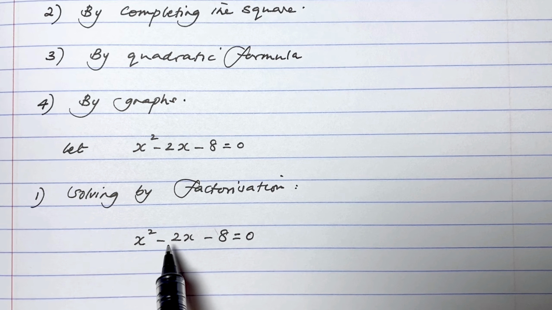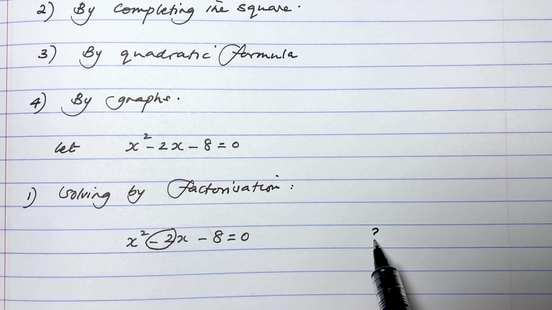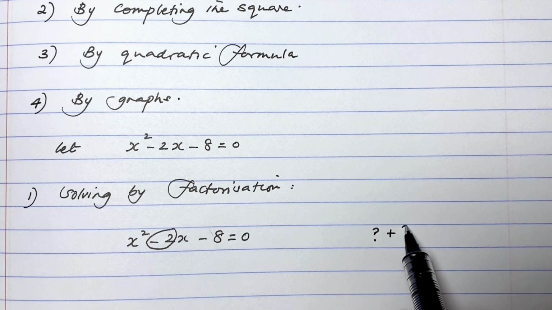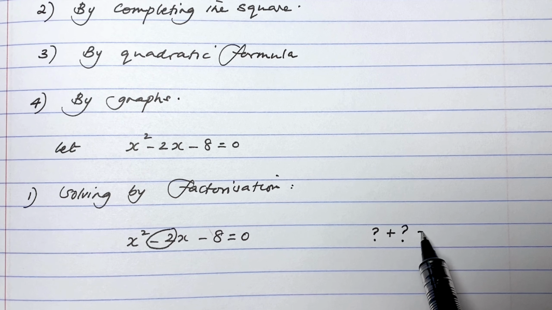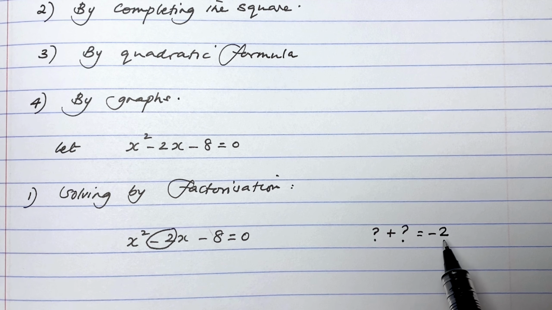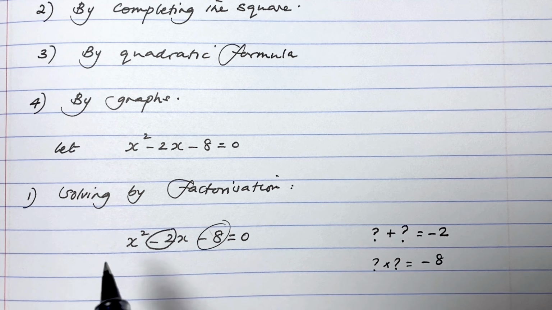The method to solve this by factorization is that we need to find 2 values. In this case, I would write these values by means of question marks: 2 values that add to give me -2 and multiply to give me -8.